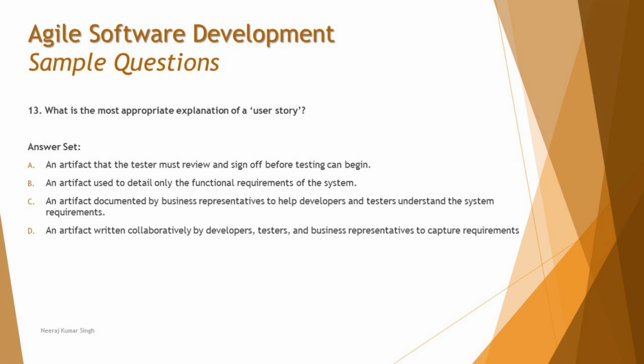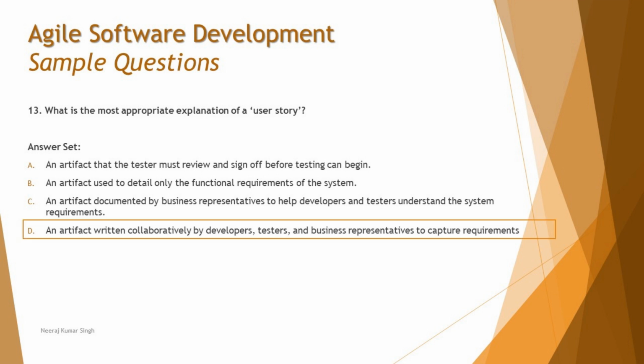In that context, very straightforward. The right answer here is D, an artifact written collaboratively by developers, testers, and business representatives to capture the requirements. So again, on a quick note, echoing the point that you have to stick to the syllabus at any point of time, just to make sure you don't get diverted.